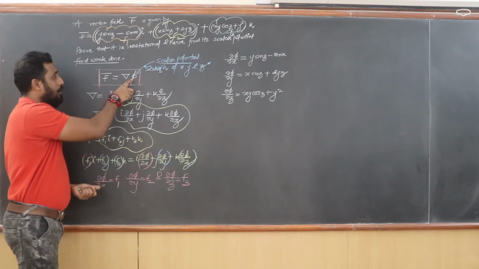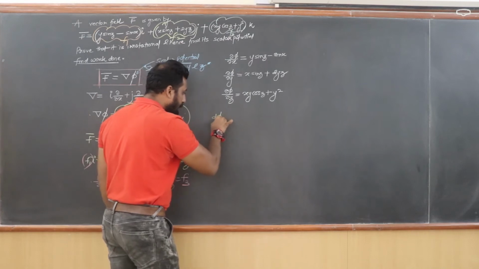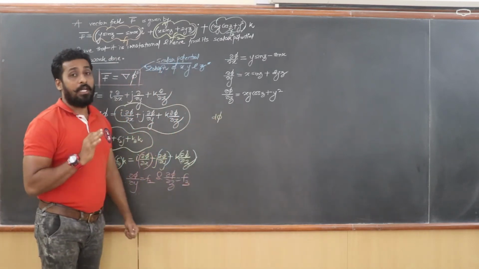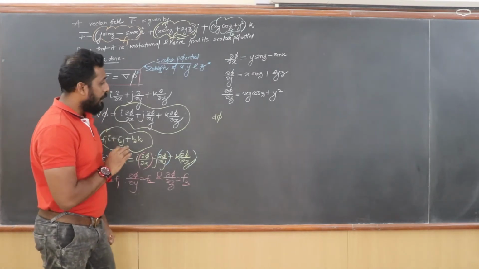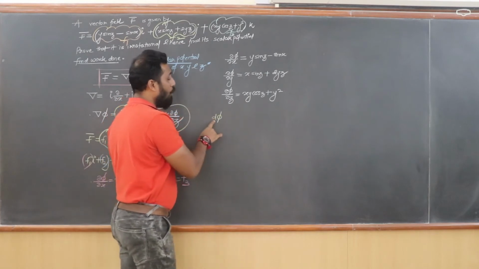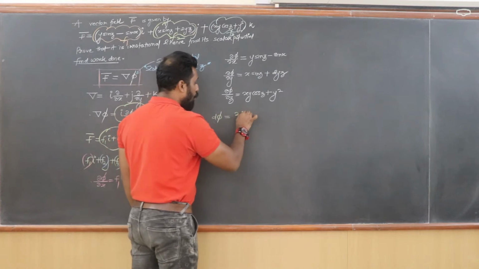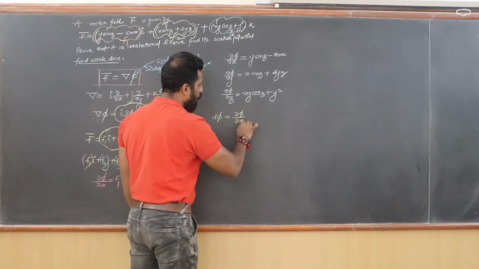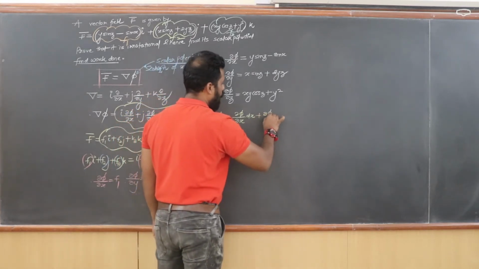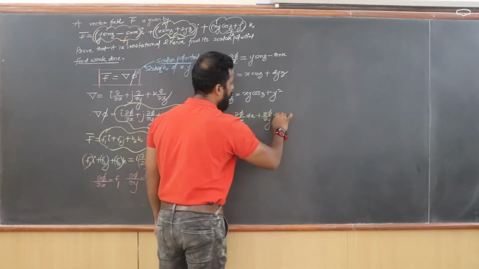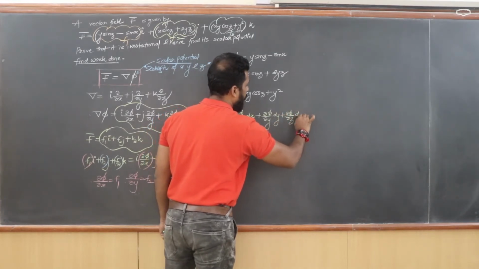My target is to get this phi. I want to find phi. See how do I get it? If you recall, there was one concept that we have learned in partial derivatives in our previous semesters. If I want to get the function phi, I'm going to write d phi over here. So d phi can be written as ∂phi/∂x dx plus ∂phi/∂y dy plus ∂phi/∂z dz.